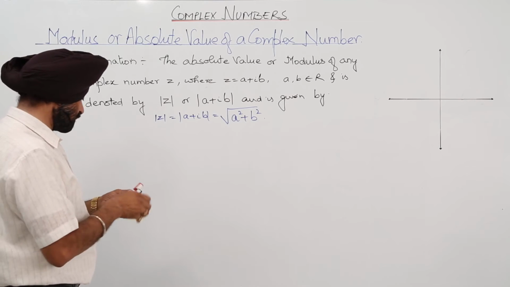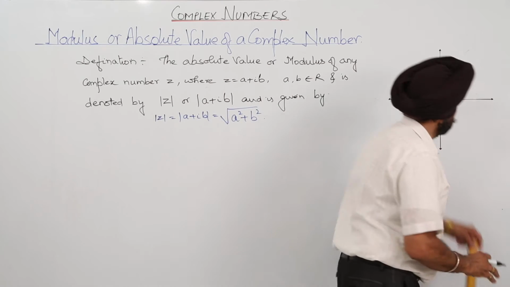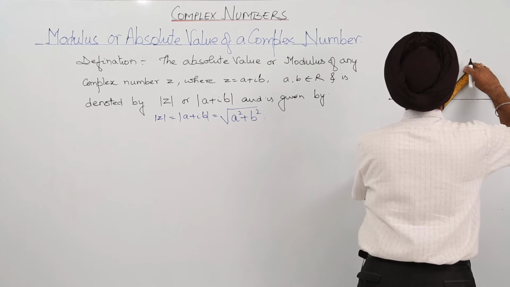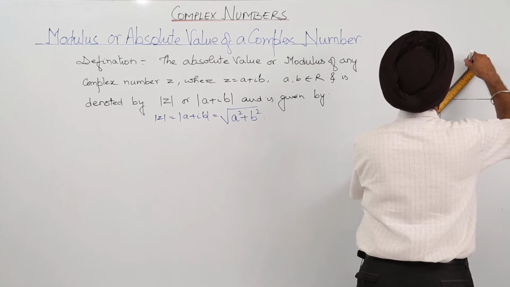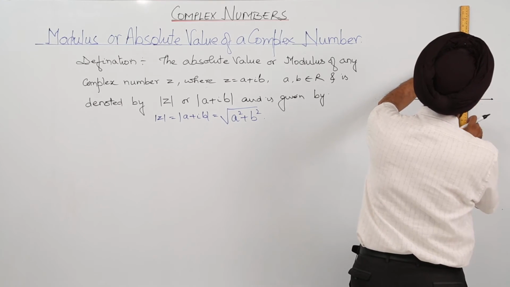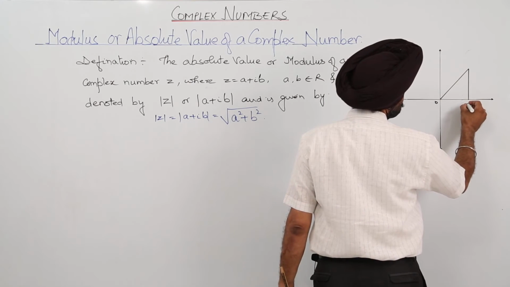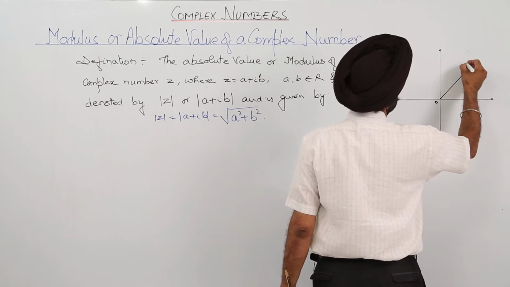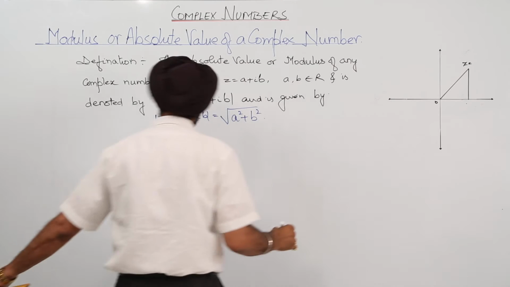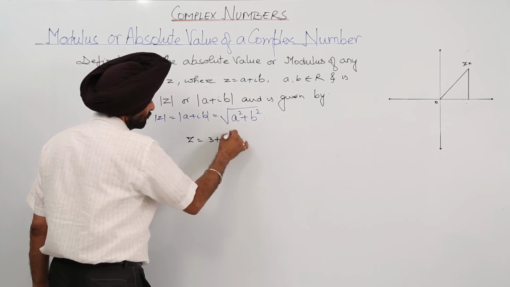Basically, now what modulus is, let me tell you one thing. Now I have just drawn a graph here, just representing a complex number. Now we are having this as the origin. Suppose this is point z, let this be one of the axes. Now let z is equal to 3 plus 4 iota.